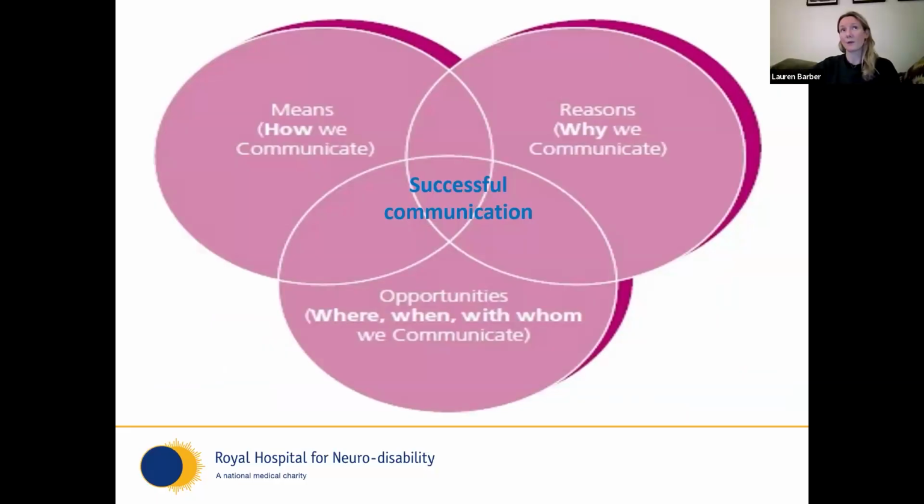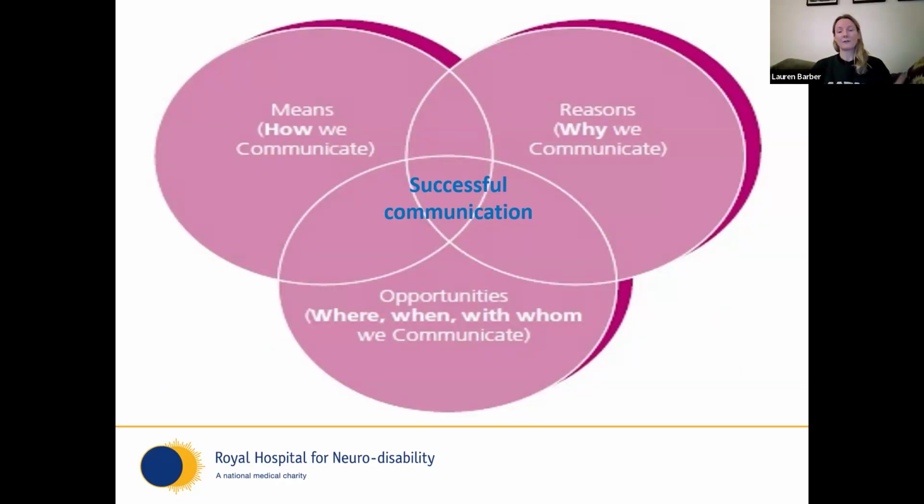The reasons why we communicate might be very different depending on where you are. So if you're at work or school and you're communicating with people there, then the reasons are very different to why you might communicate with your friends after school, or if you're texting or writing online. And then the opportunities also vary as well.